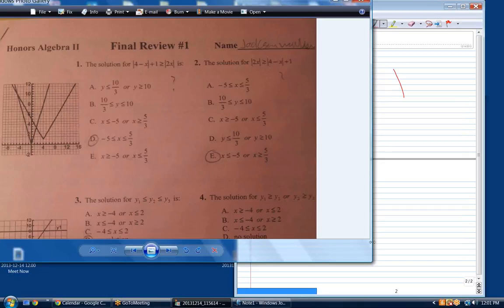The solution for this is the circled answers are the correct ones? Yeah. Okay.